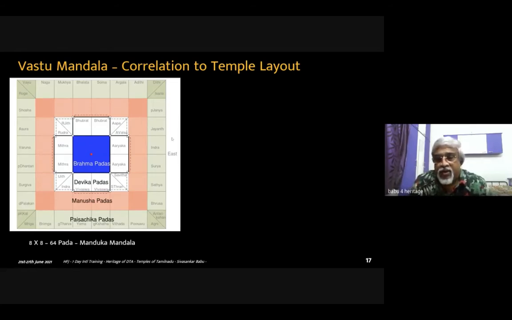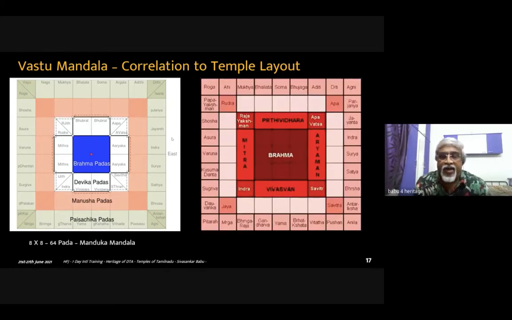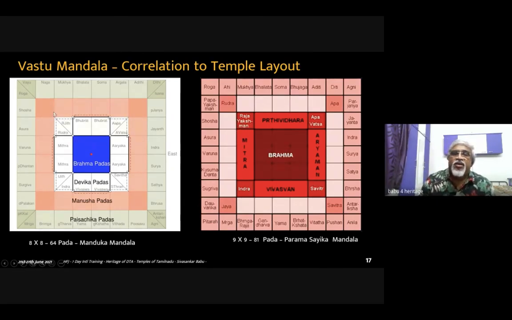Our big temple in Tanjavur is done in this model. Some of the Vaishnava temples and other temples follow a more complex grid, a 9 by 9 grid, which is called Paramasayika Mandala, which has got more deities, so a more complex situation. But common is that both have 45 deities distributed across various positions.